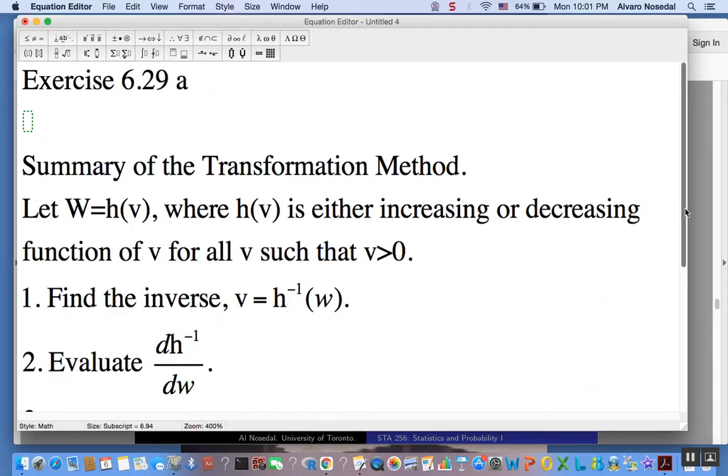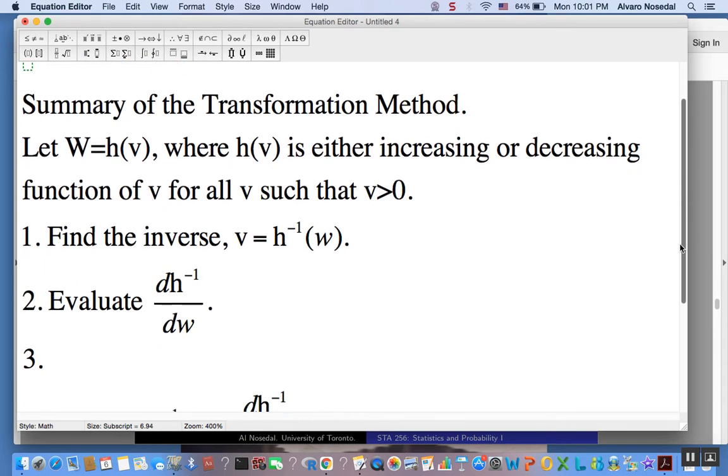So here's the summary of the transformation method. What we have here is a function of a random variable V. And this is the condition that we have to make sure is satisfied: that this function h of v is either increasing or decreasing. Why is that important? Because if that function is either increasing or decreasing, that guarantees that the inverse exists.